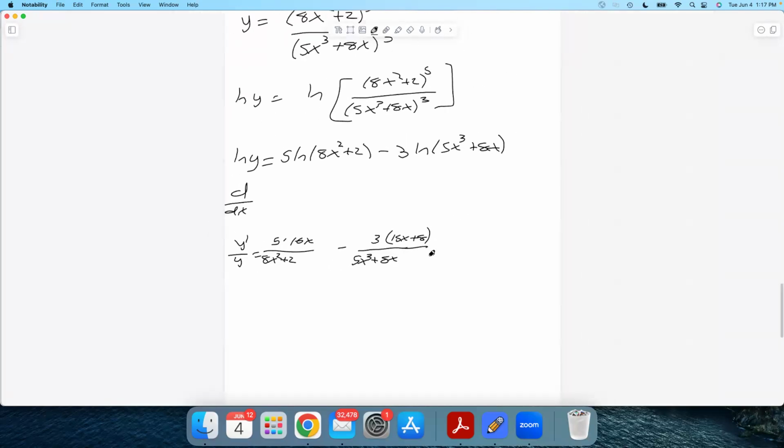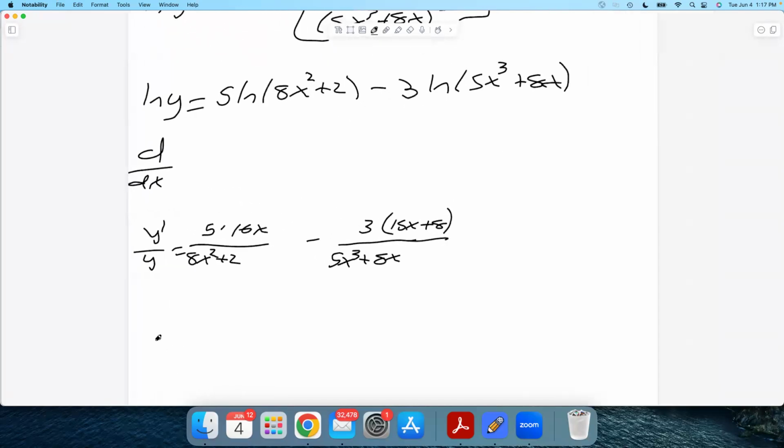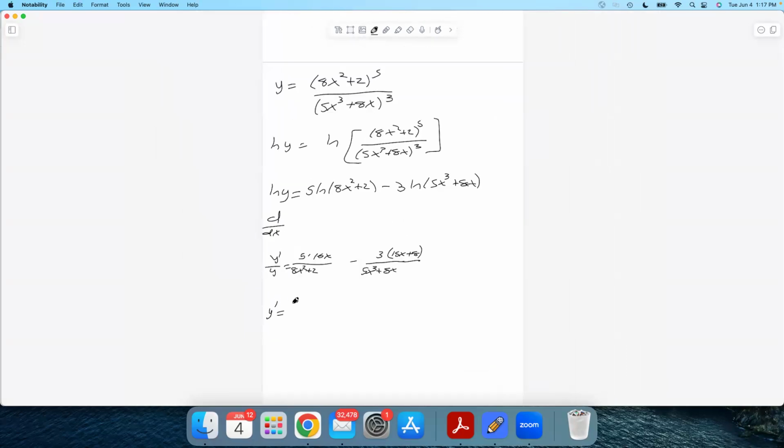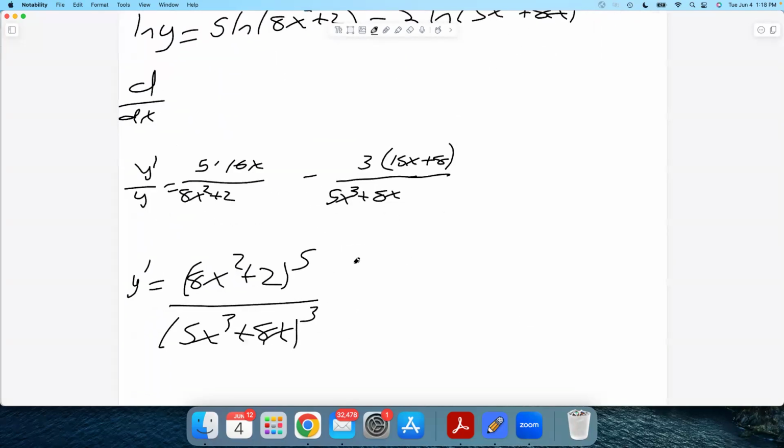And I'm not even going to bother distributing there. I will multiply those together. We'll get y prime equals, I'm going to multiply the y back over. So that was all of this, times, and then I need a big bracket here.